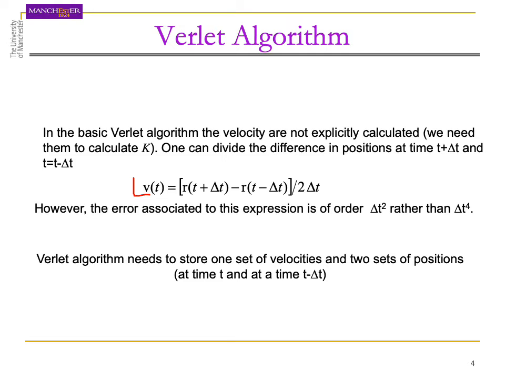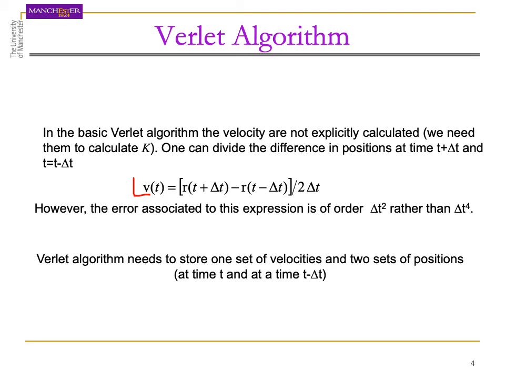In the Verlet algorithm, one thing that we need to remember is that we need to store one set of velocities and two sets of positions for each atom to obtain the position of the atoms at the new time step. So we need the position of the atom at time t and the position of the atom at the time t minus delta t, plus their velocities.